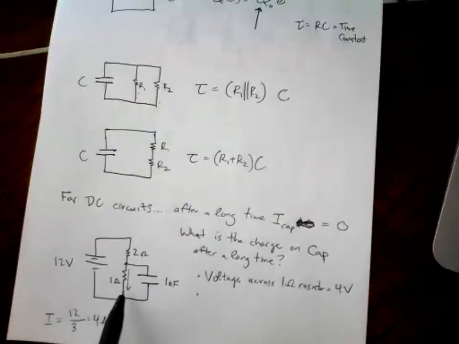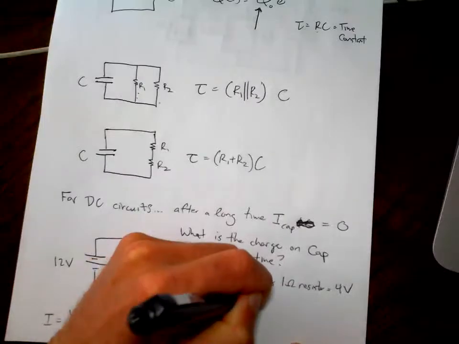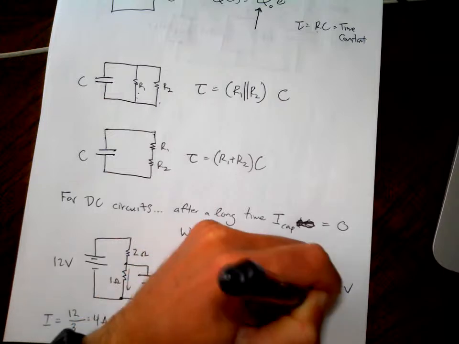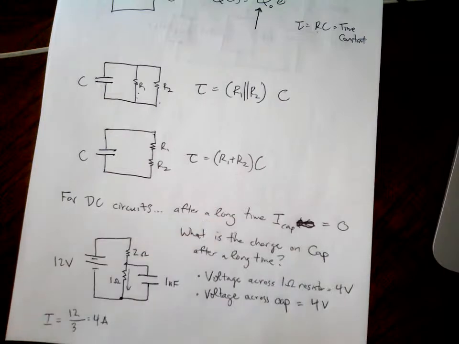And since parallel things have the same voltage, the voltage across the capacitor is equal to 4 volts as well.